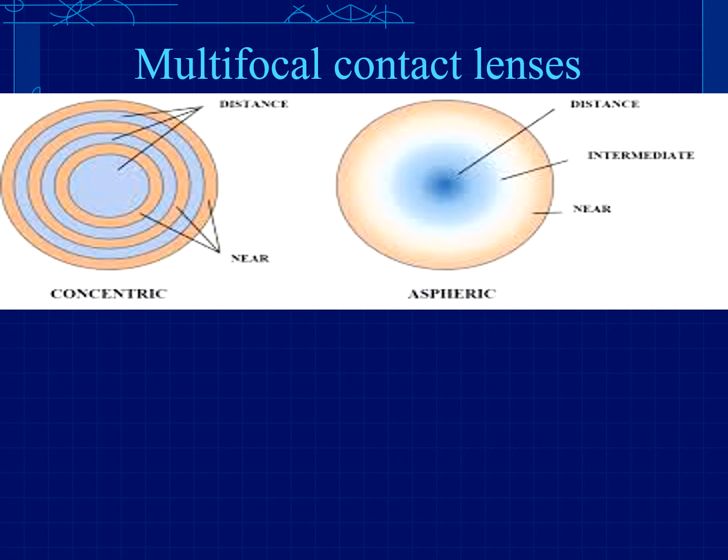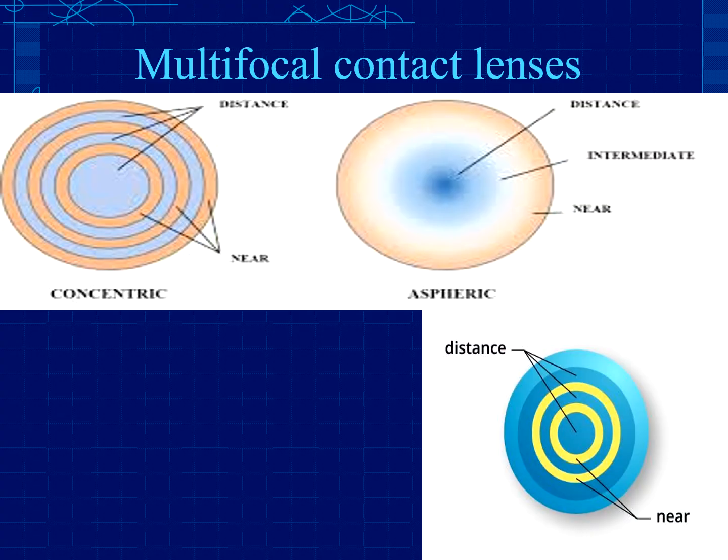Contact lens is another method for controlling myopia. Different designs of contact lenses, concentric design and aspheric design, are the two most common methods for controlling myopia and also for correction of presbyopia.